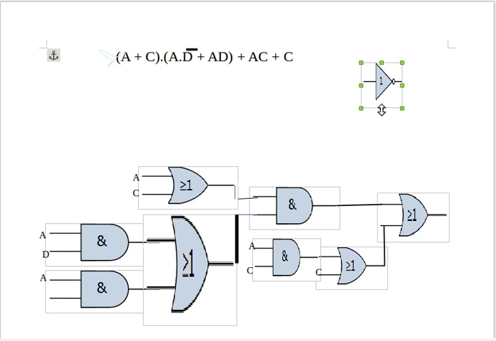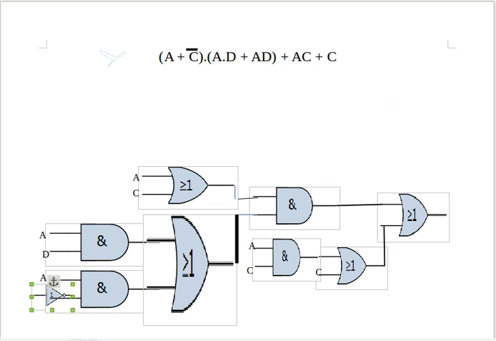Usually it is smaller. And here I'll add the D, or I'll take a line from here. Let's add the D. And this will give me the entire circuit.